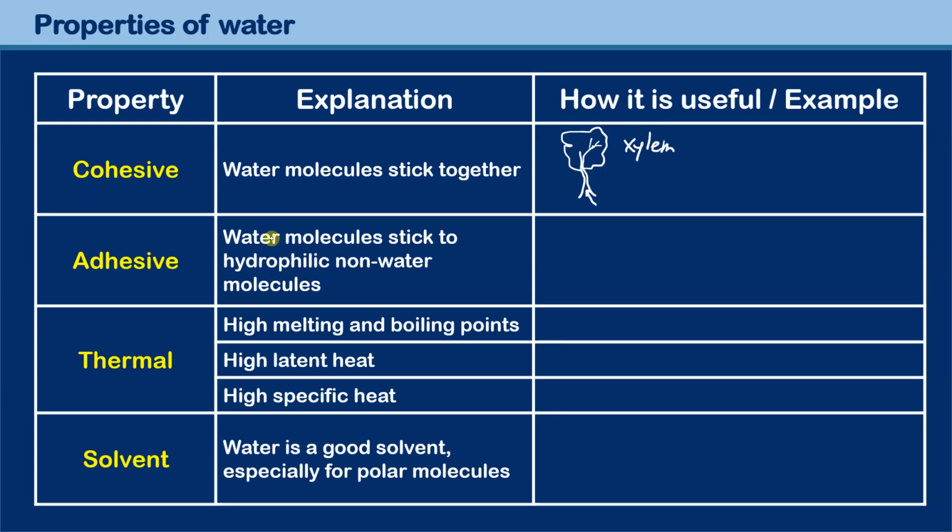Now, adhesive forces allow water molecules to stick to hydrophilic non-water molecules. So cohesion is water sticking to water, and adhesion is water sticking to non-water. And here too, we have an important example.